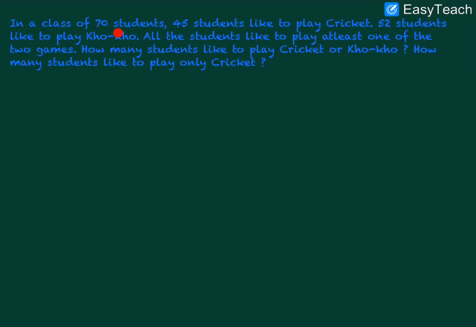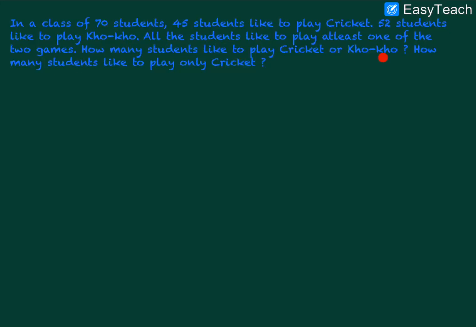So here is a word problem. I am reading the question. In a class of 70 students, 45 students like to play cricket, 52 students like to play coco, and all the students like to play at least one of the two games. So there is a class which contains 70 students, and 45 of these 70 like to play cricket and 52 like to play coco, and all the students, that means the 70 students, like to play some of the games.